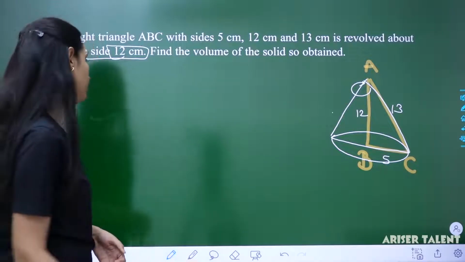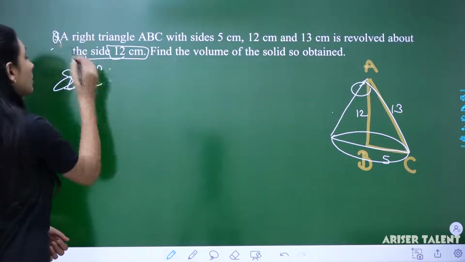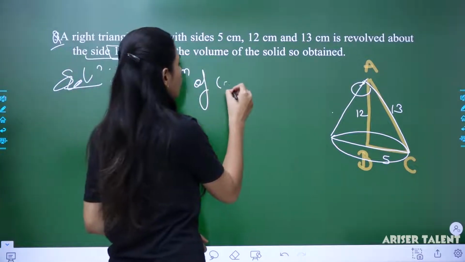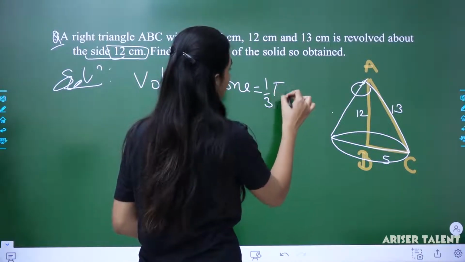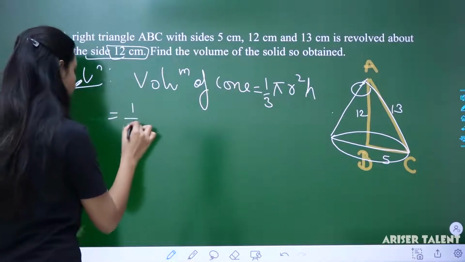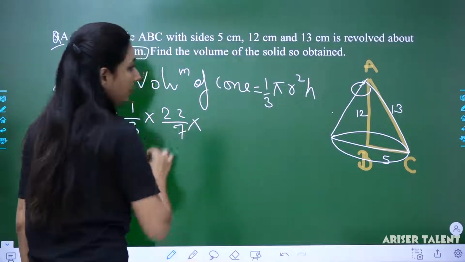So the volume of cone is equals to 1 by 3 pi r square h. So 1 by 3 pi is 22 by 7. Now r.